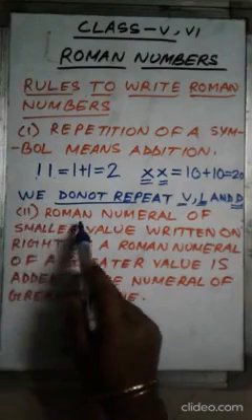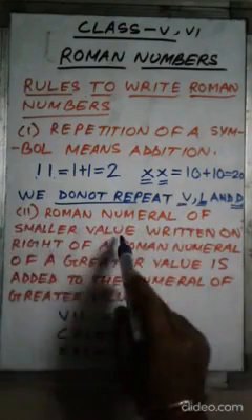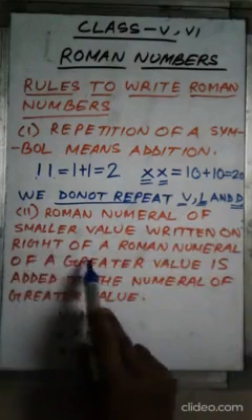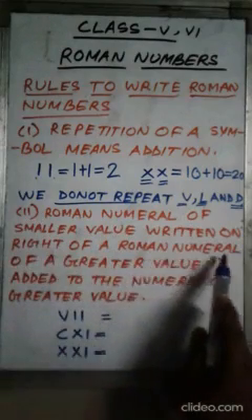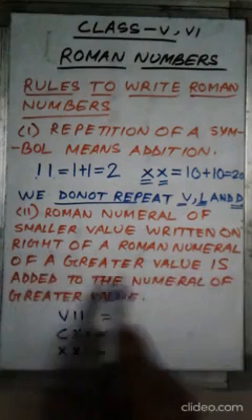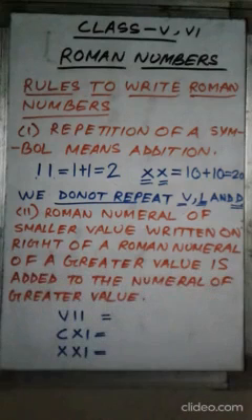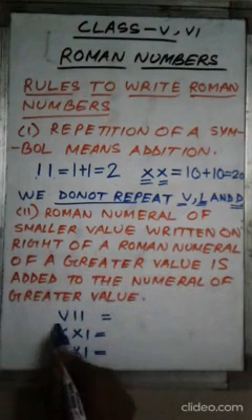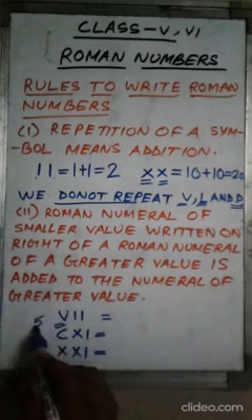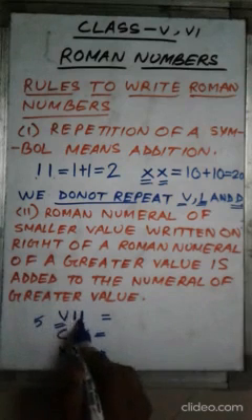Rule number 2: a Roman numeral of smaller value written on the right of a Roman numeral of greater value is added to the numeral of greater value. Here you can see this is having value 5, and this is 1 and this is 1.